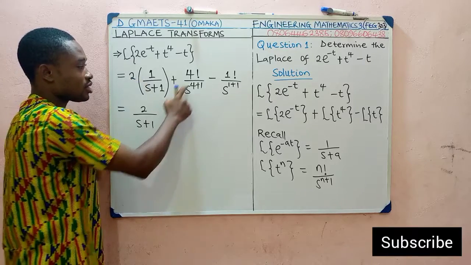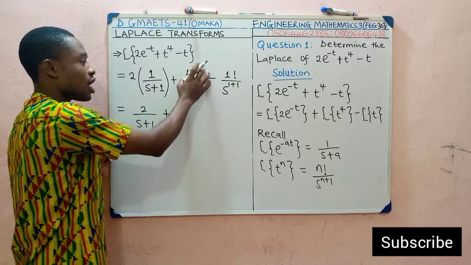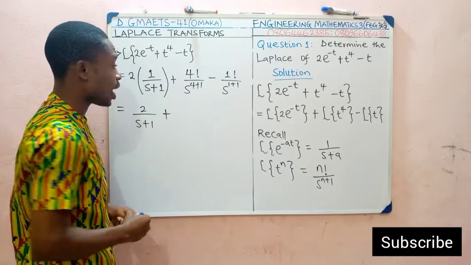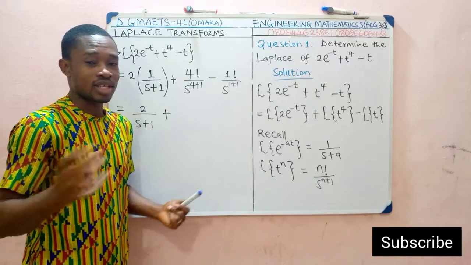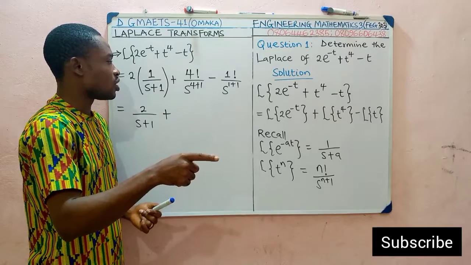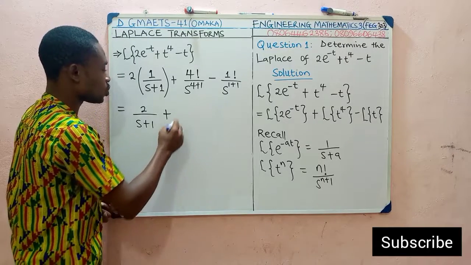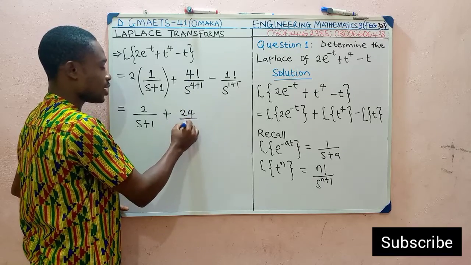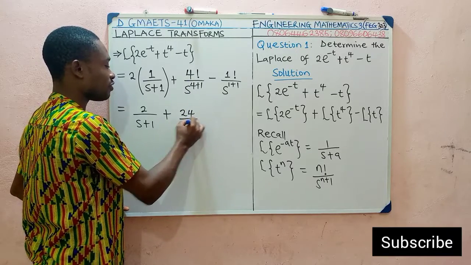If you open up this bracket, coming over here, 4 factorial, you can evaluate it with your calculator. That is 4 times 3 times 2 times 1. You can stop at 2 because any term multiplied by 1 is that same thing. 4 times 3 is going to give us 12. 12 times 2 is 24. So this is 24 over s raised to the power 4 plus 1 is s raised to the power 5.